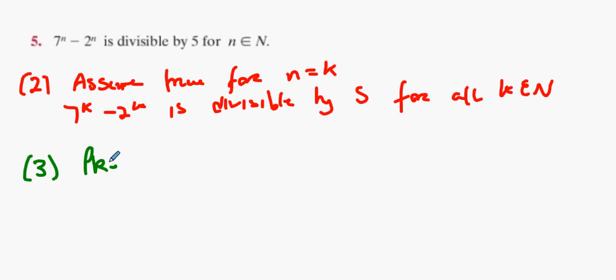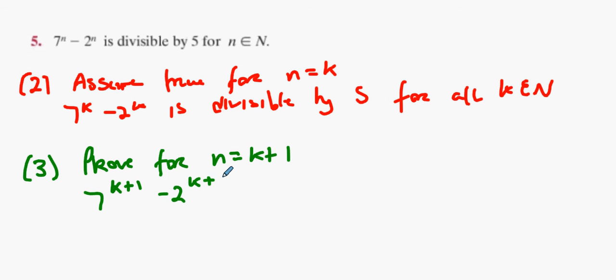Prove for n equals k plus 1. 7 to the power k plus 1 minus 2 to the power k plus 1. That's 7 times 7 to the power k, because that's 7 to the power 1 by 7 to the power k. Alright, and minus 2 by 2 to the power k.